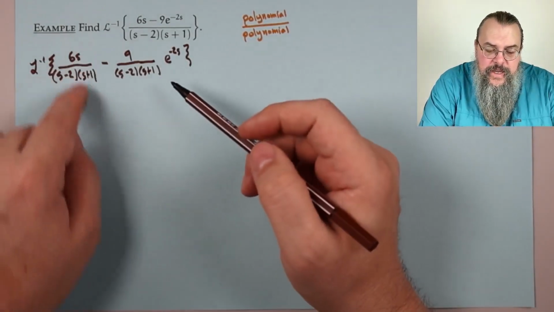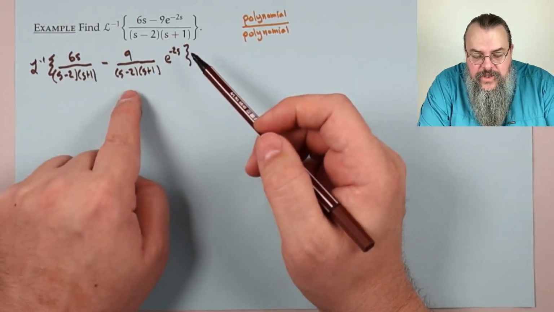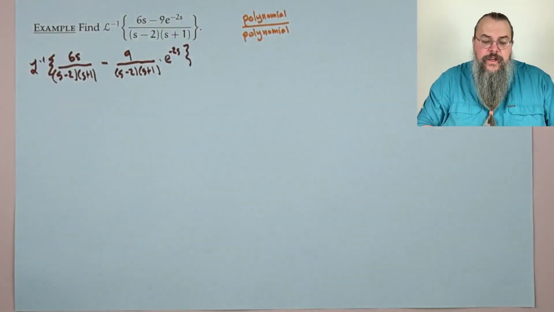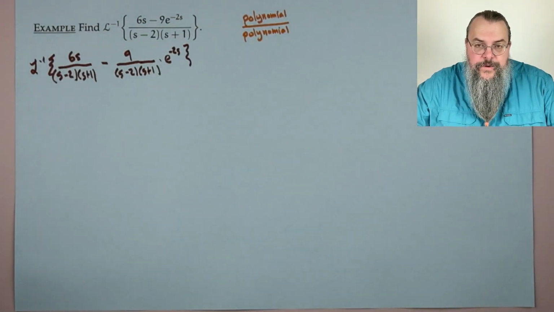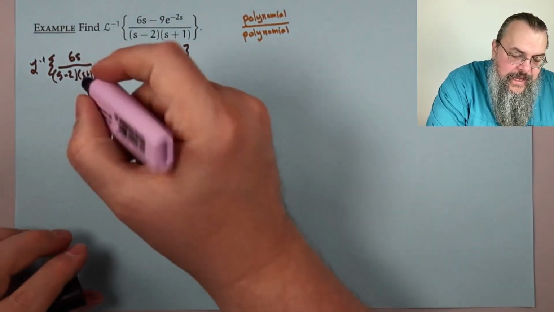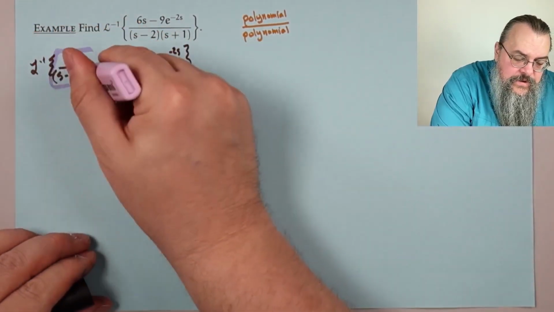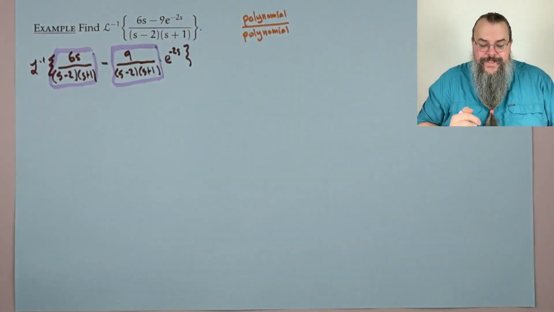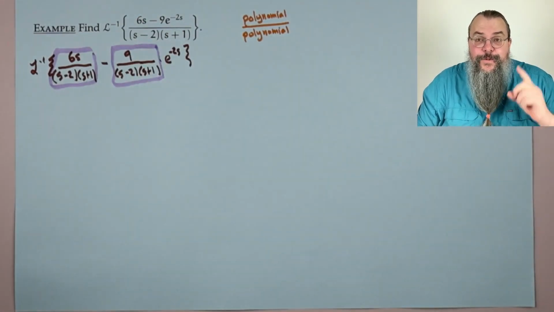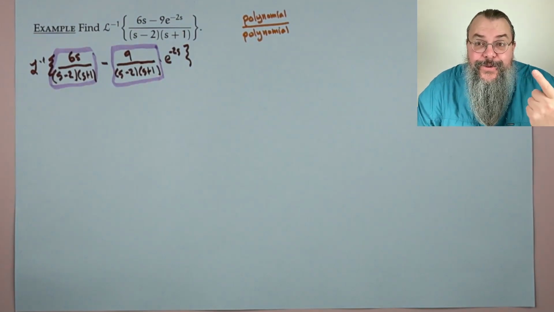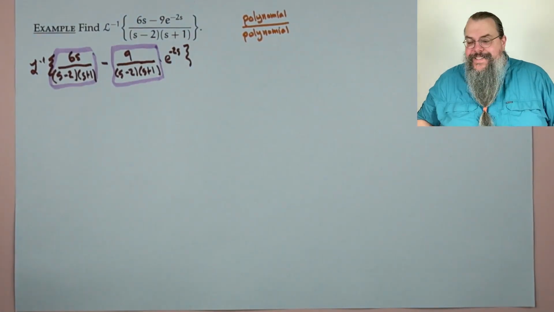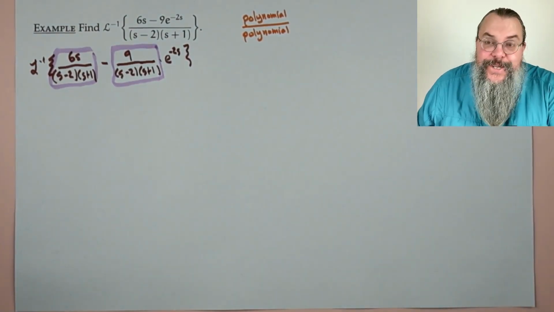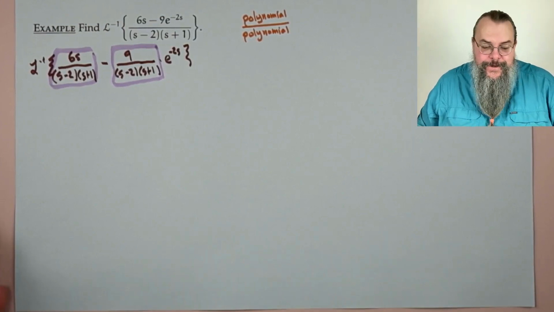The first part is fine. The second part has an exponential, and we nudged it off to the side. Now we have two pieces, and for each piece we're good to go. So that means we don't get to do one partial fraction problem, we get to do two. Nice! Twice the work. Wonderful. Well, that might not be your initial reaction, but let's go ahead and do it.